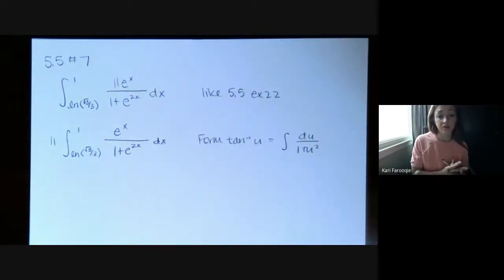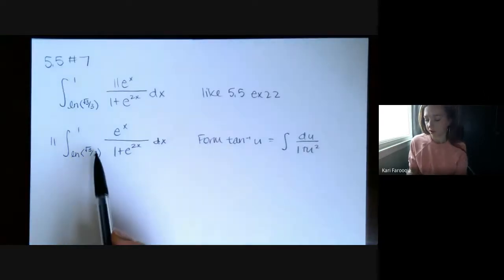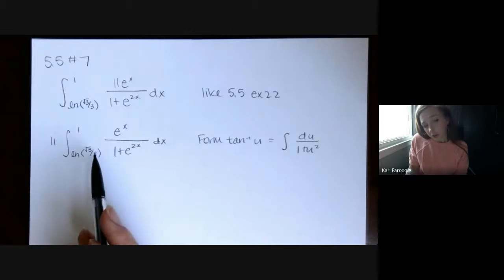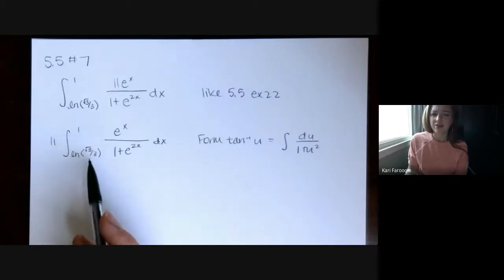Another thing that's sort of keying me off to this is the fact that you're seeing the square root of 3 over 3, which is actually a special angle value. For instance, I know that the tangent of pi over 6 is root 3 over 3. So that's another thing where I'm like, wait a second, this is not just any old irrational number. This is a special angle value.